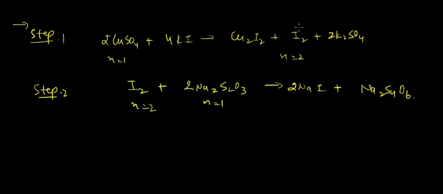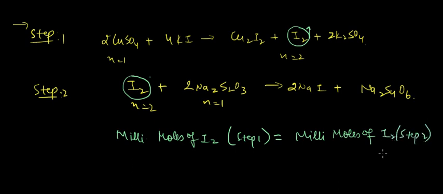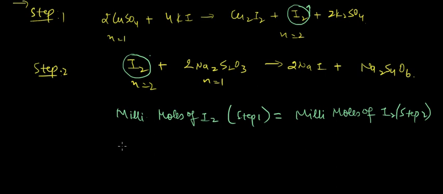Now all the millimoles of I2 which were formed in this reaction were used in this step. So simply we can write that millimoles of I2 from step 1 were used for step 2, so the moles remain the same.